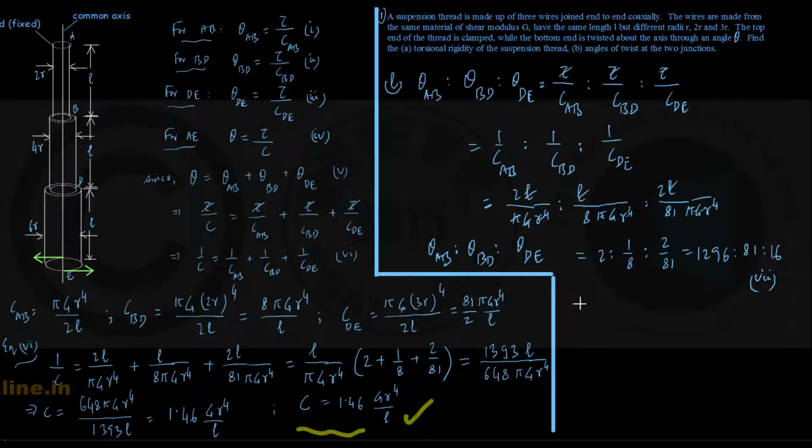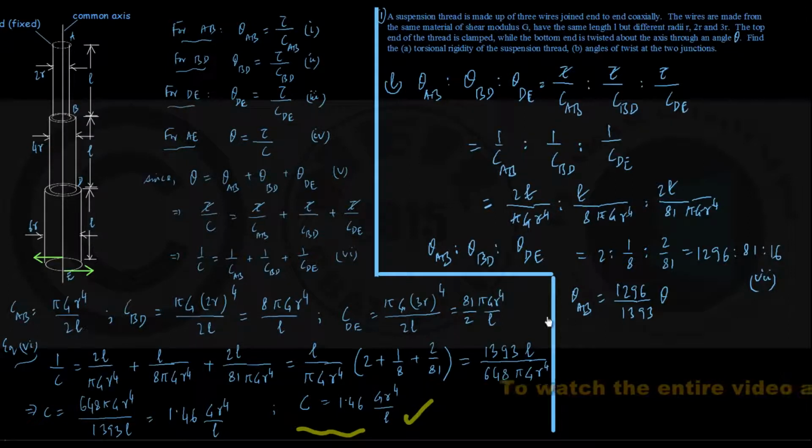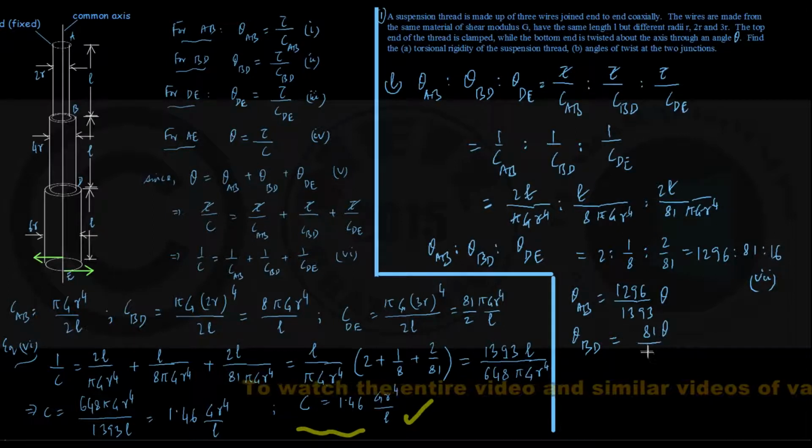Combine them and show the value of theta AB is coming out to be 1296 divided by 1393 into theta, where theta is standing for the total angle of twist for this composite suspension thread. Similarly, you can show that theta BD is coming out to be 81 theta divided by 1393.